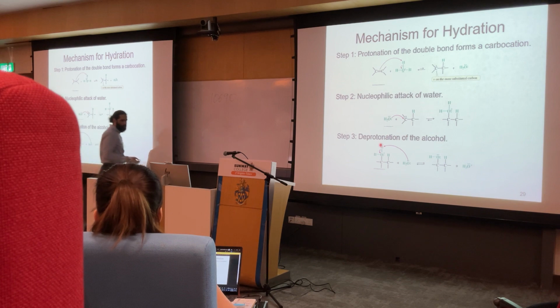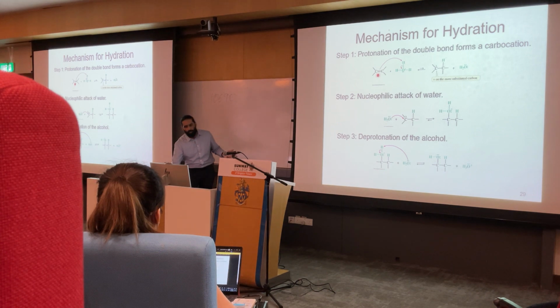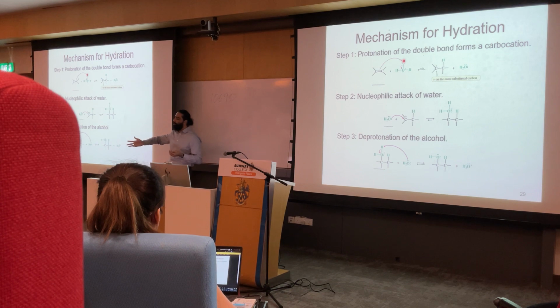What happens is that, as we established earlier, these alkene pi electrons are loosely bound, so they sometimes act like a nucleophile. They can attack other things, especially hydrogens, which are freely available in acidic medium. So this hydrogen gets abstracted by one of the carbons and the other carbon gets the carbocation.